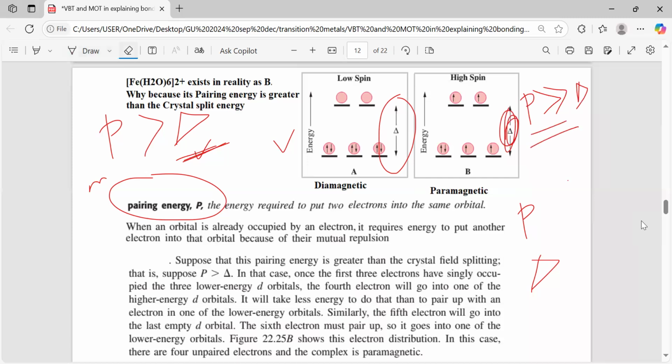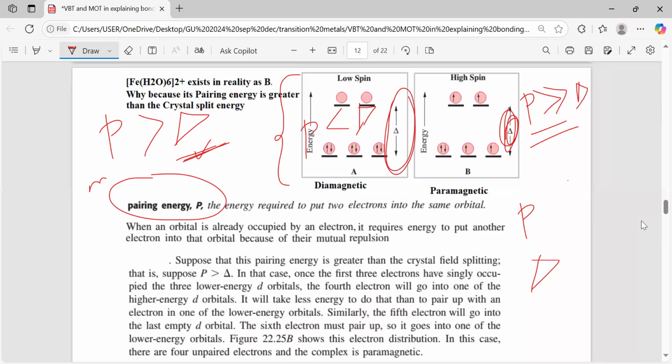But for this one, it's the other way around. It means here that P is less than the split. So this gap for splitting is so big.